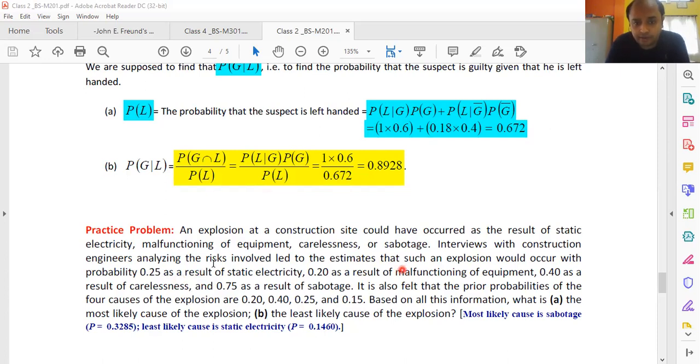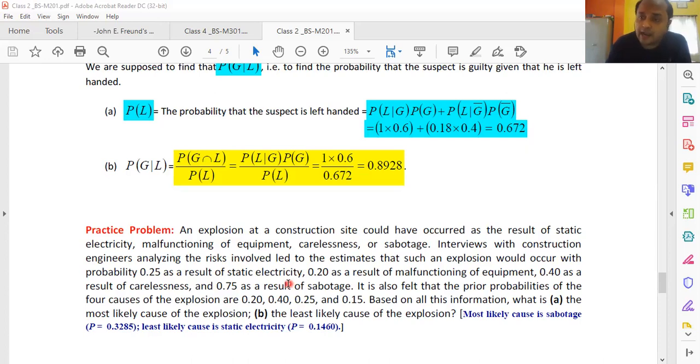So for example, 0.25 is a result of static electricity. Such an explosion occurs with a 25% chance of occurrence due to static electricity. What do we mean by that?